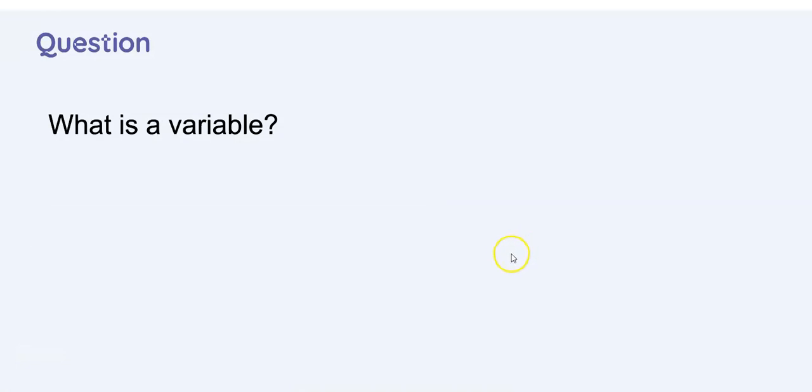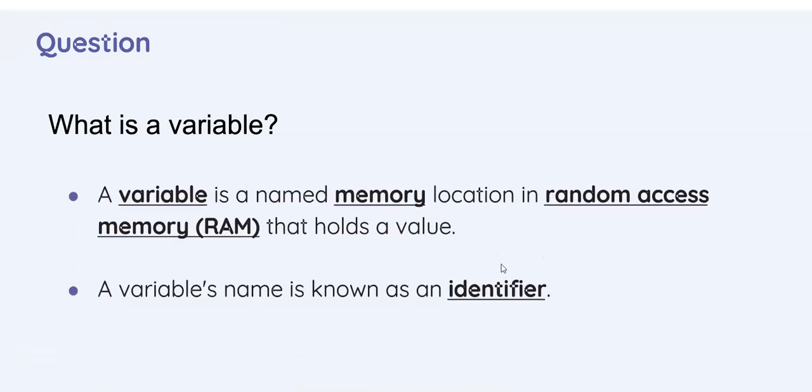Good. Now, what is a variable? Please fill this in on the section on your lesson where it is required. A variable is a named memory location in random access memory that holds a value. Think of a variable as a container. Every container will have a different name.